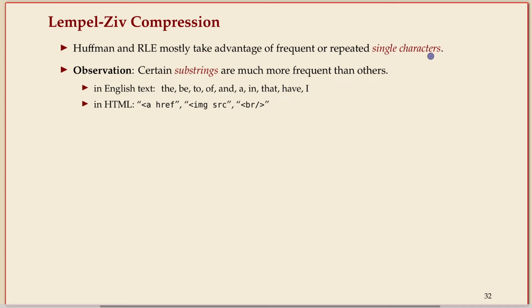So far we've mostly focused on single characters, and now we'll definitely go away from that. Again, to motivate this a bit, in many cases you have certain substrings, not just individual characters, that are more frequent than others. There are English words that are much more frequent than other combinations of letters. I mean, THE is probably much more common than XXY, right?